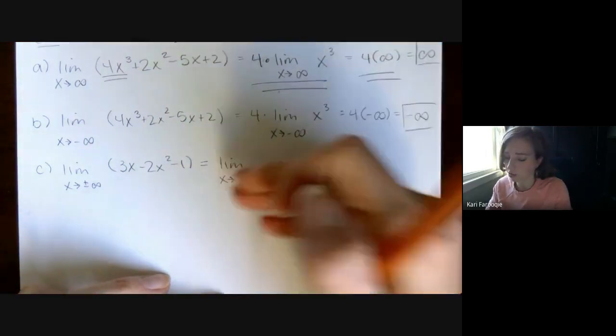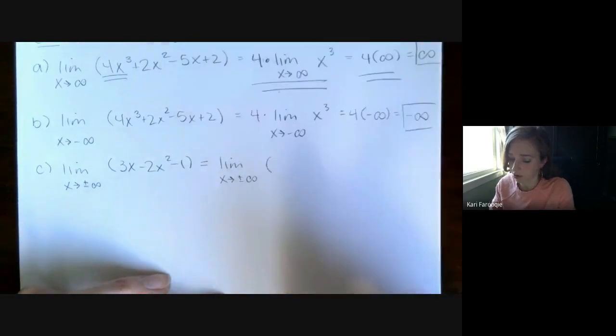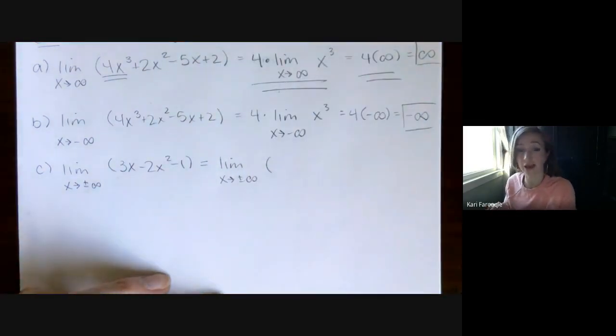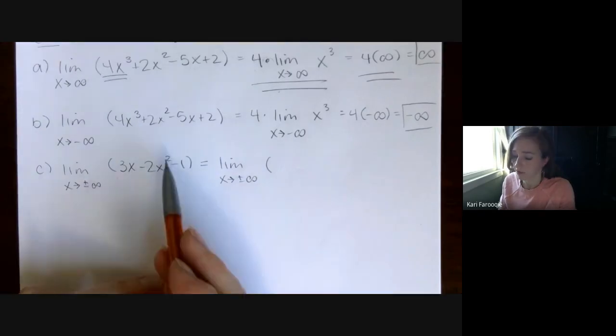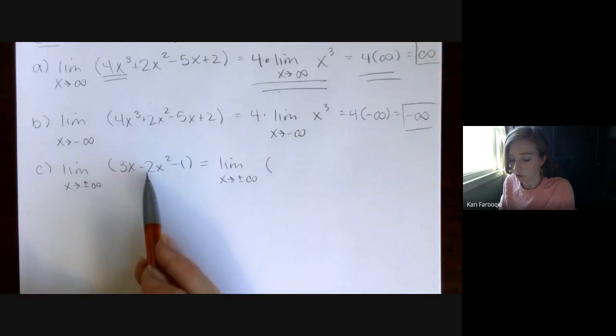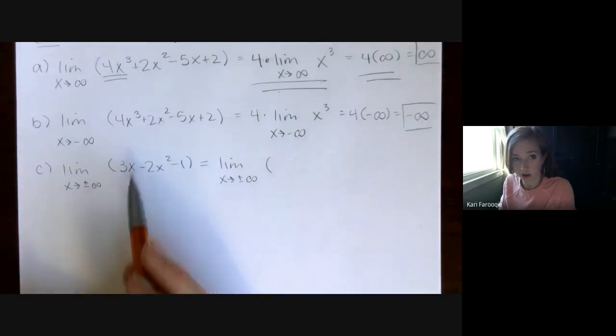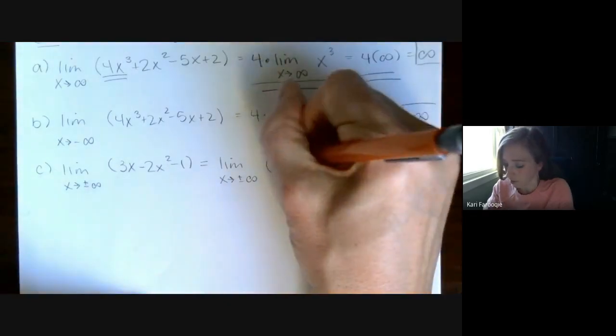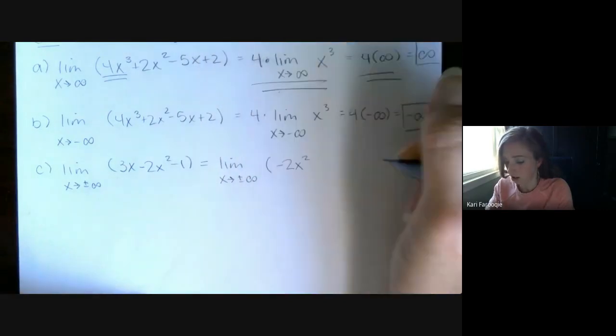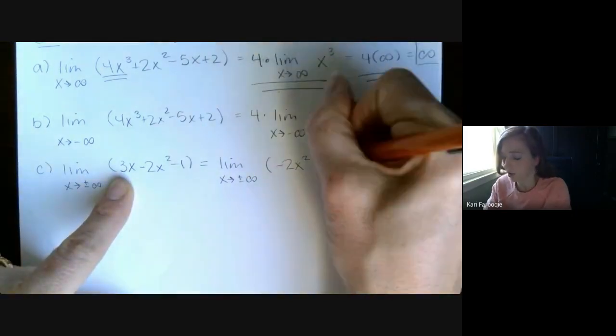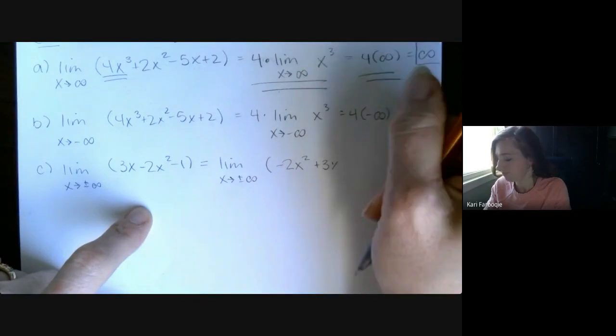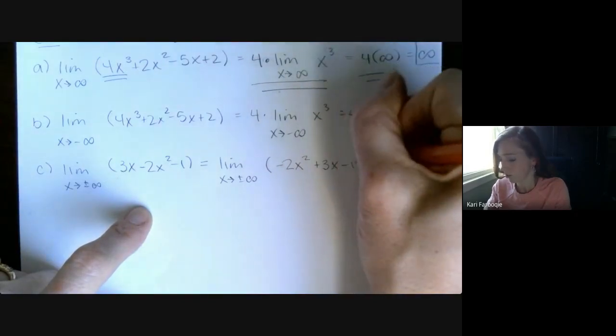So we're going to look at both of these limits separately, but we're going to move our terms around so that we have it written in descending order with our greatest exponent first. So the 2 is the largest exponent. Make sure that when you move your terms around, you keep the sign that's in front of that term in front of that term. So this will be negative 2x squared. Then you have positive 3x and a minus 1.